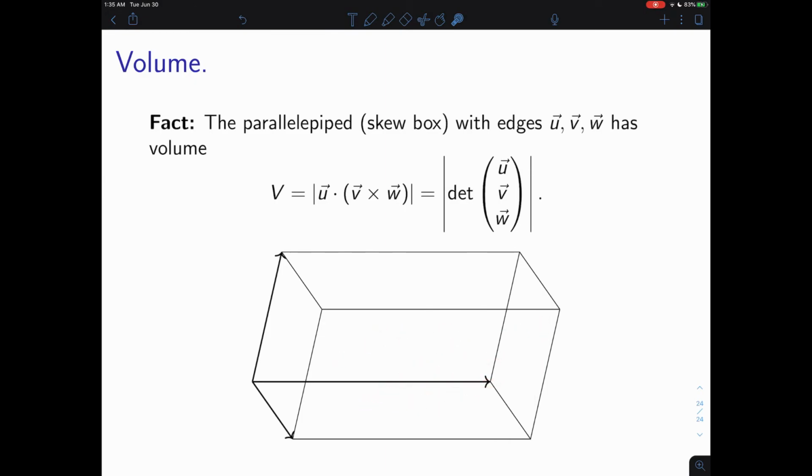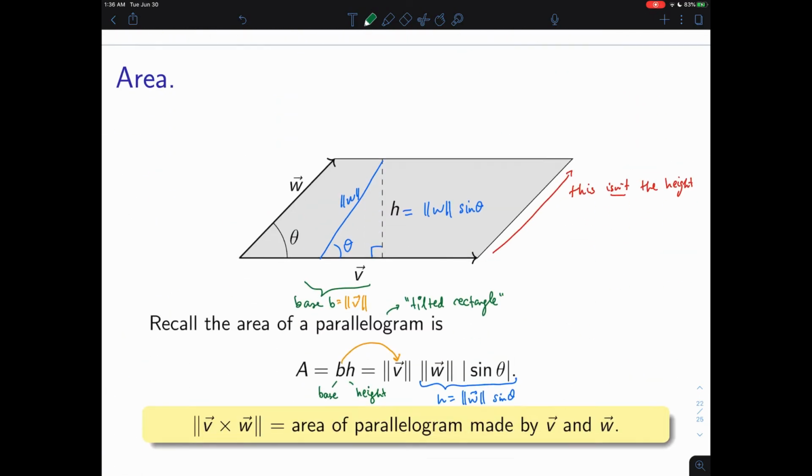So the top is parallel to the bottom. The front is parallel to the back. And the side is parallel to the side. And it's a skew box. It's a sort of tilted box.